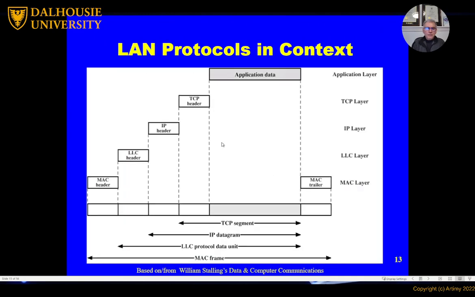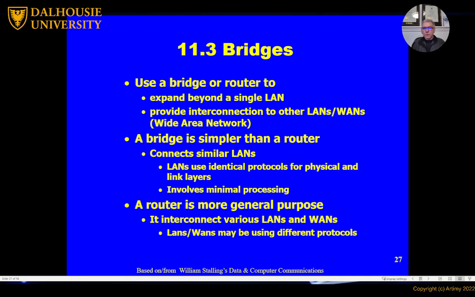I still have a scalability problem though, even with the hubs. The problem is there is a limitation of how many nodes I can attach to the network. The limitation comes from distance and also comes from the fact that this medium, the bus or even the hub, has a limit on how many nodes can be connected to it.